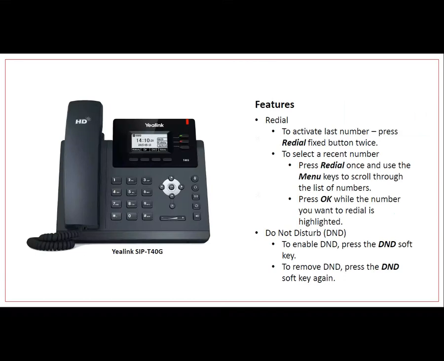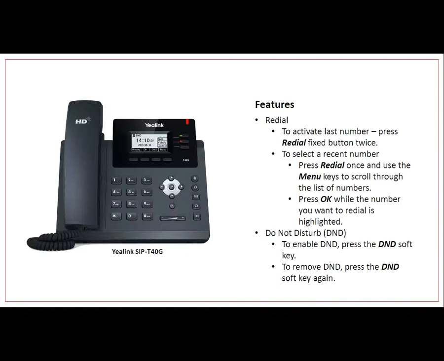Now, a couple of other features that are available to me on the phone include the redial button. The redial button, located here on my fixed keys, if pressed once, will go to a list of my recently placed calls. If I press it twice, that immediately redials the last number I called. Here's a little trick for you.